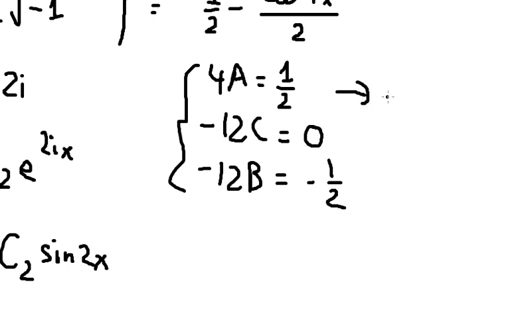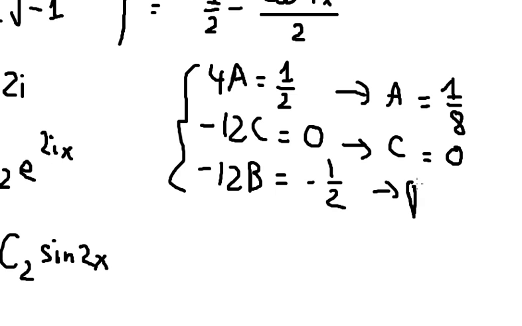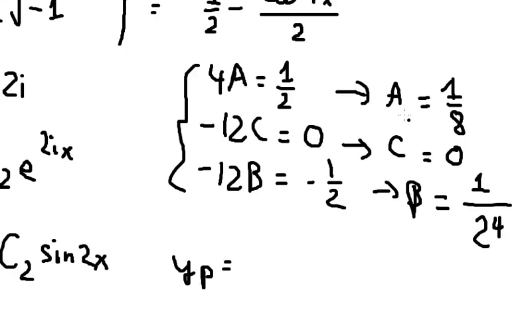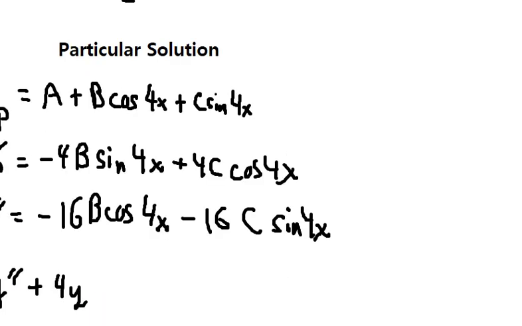And a is 1 over 8. C equals number 0, and b equals 1 over 24. So I will put yb in here. We put a, b, c back in here.